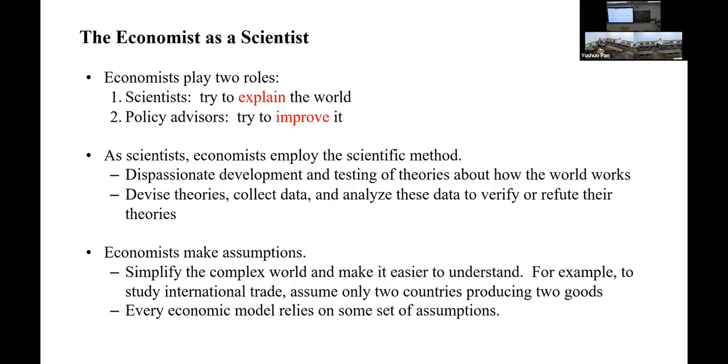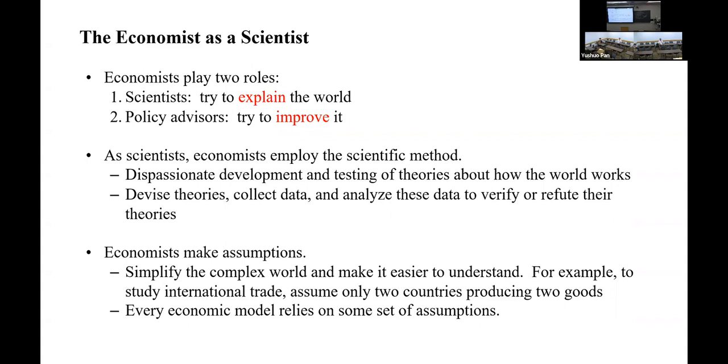The third one: economists make assumptions. For all economists, when we build models, we have to make assumptions, because we cannot include all elements of the real world. We must eliminate some elements to build and explain our model.